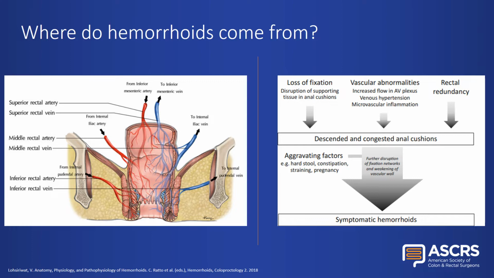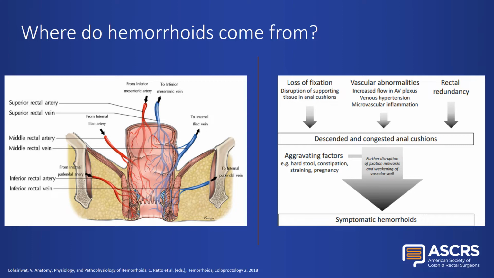The hemorrhoidal cushions are important for achieving complete fecal continence since the anal sphincters alone cannot fully close the anal canal lumen. Hemorrhoids are such an important part of our GI function, and we all have them.